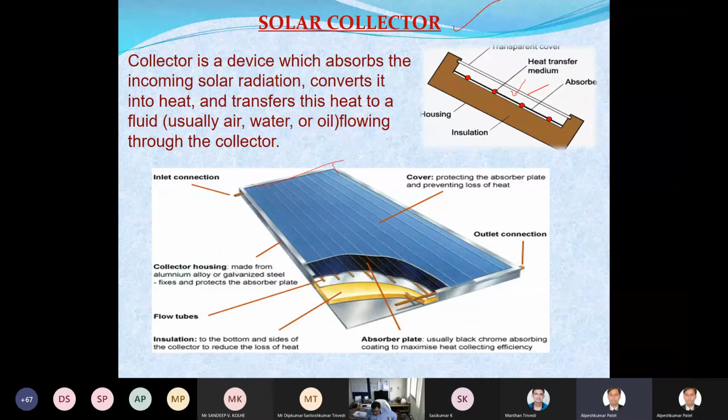So that means after the absorbing plate, we have a number of fluid flowing passes. In the case of liquid, we know that the heat transfer capability of liquids is greater in comparison to air or gas.